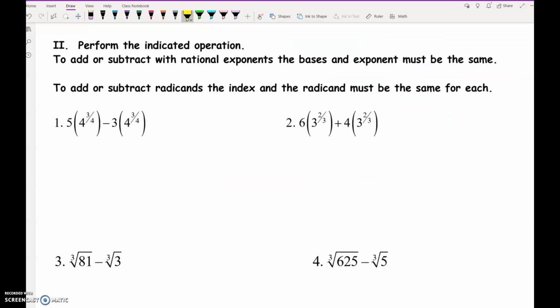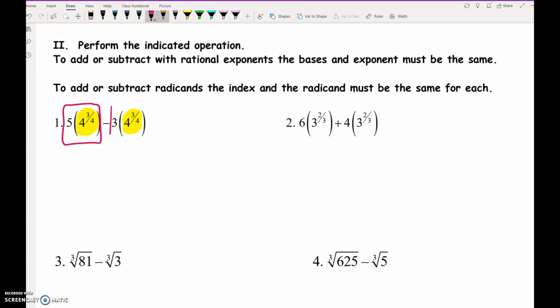All right, on this section, we are adding and subtracting rational exponents and radicals. In order for rational exponents to be like terms, they must be exactly the same. So do you see how this 4 to the 3/4 is exactly the same as this 4 to the 3/4? Okay. I want you to think of 4 to the 3/4 as chocolate chip cookies. So right here it says we have 5 chocolate chip cookies.